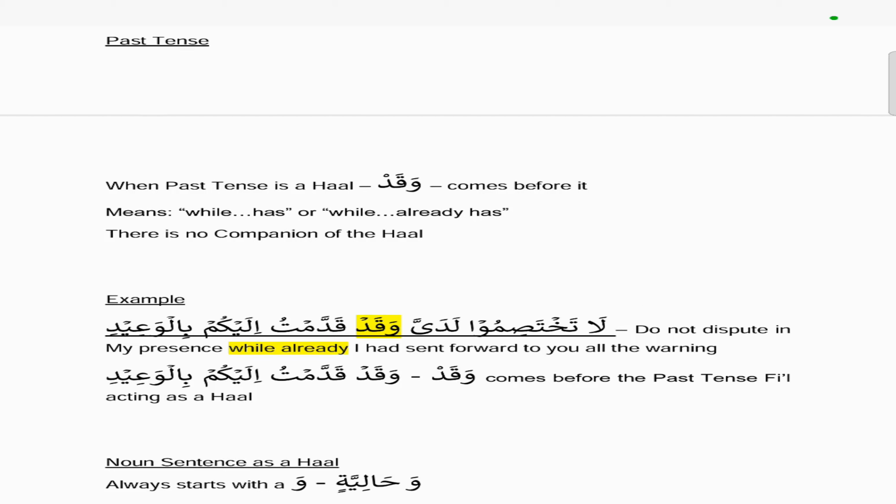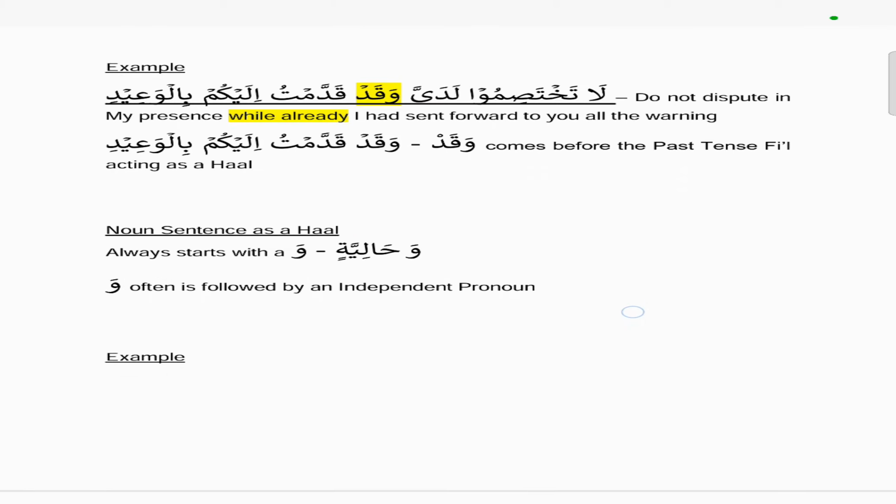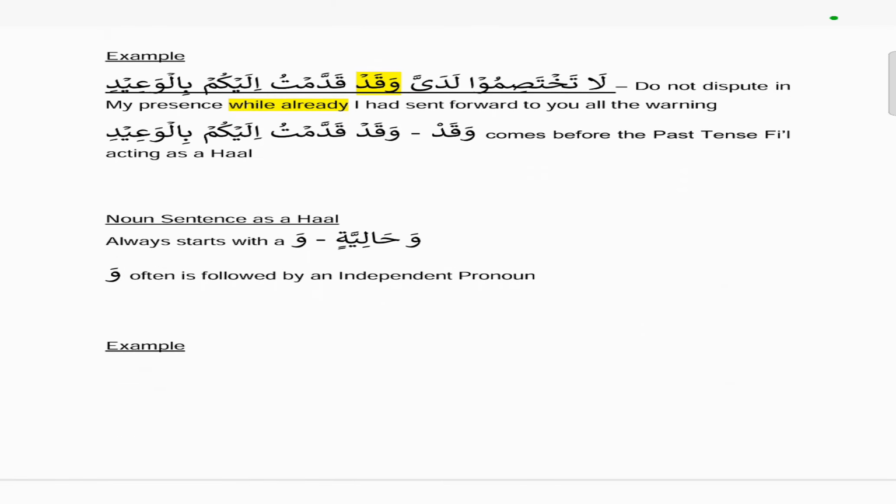In past tense, when the past tense is a Haal, then waqad comes before it. And this means while something has, or while something already has. There is no companion of the Haal in this case, in the past tense. For example, we have لا تَخْتَصِمُوا لَدَيَّ وَقَدْ قَدَّمْتُ إِلَيْكُمْ بِالْوَعِيدِ.